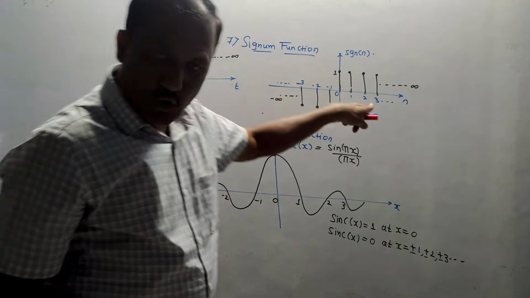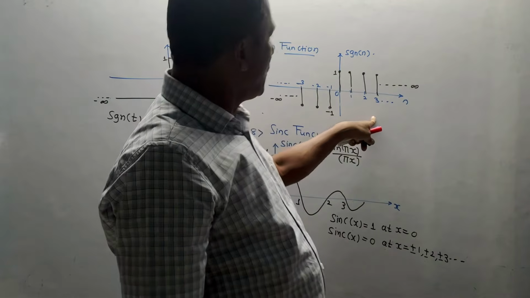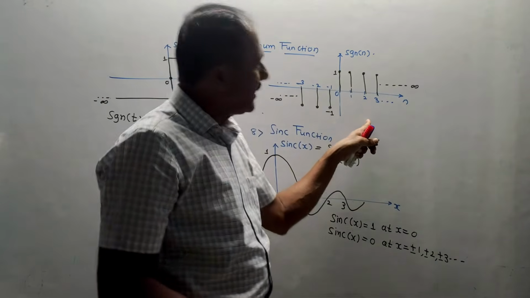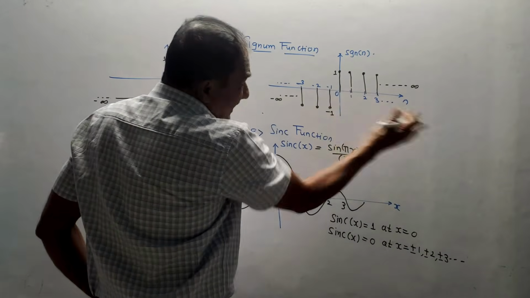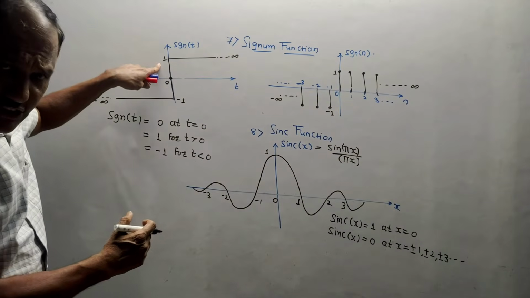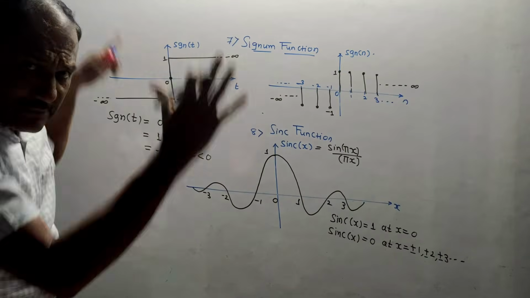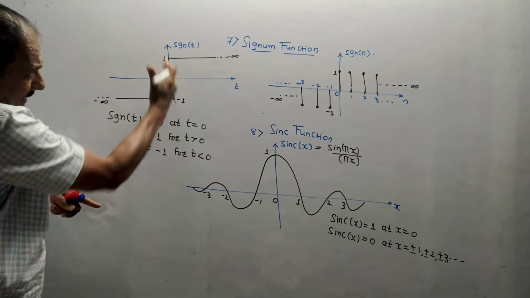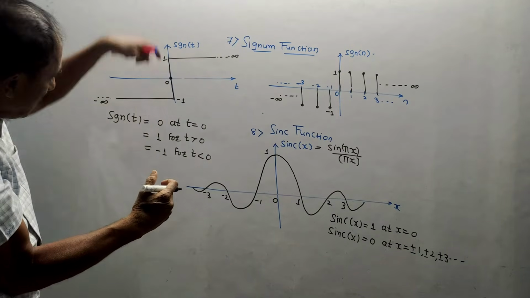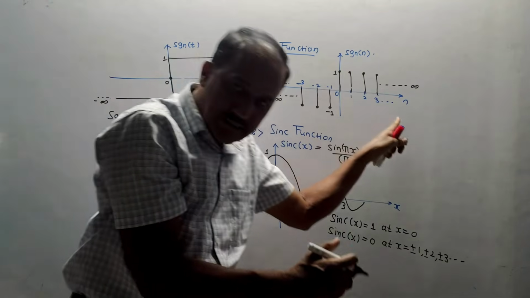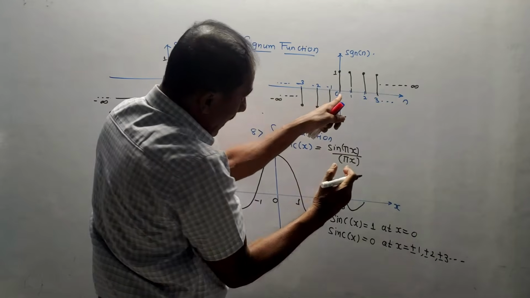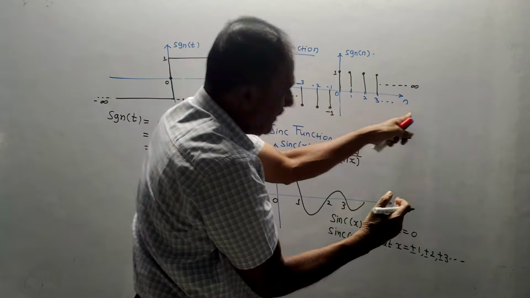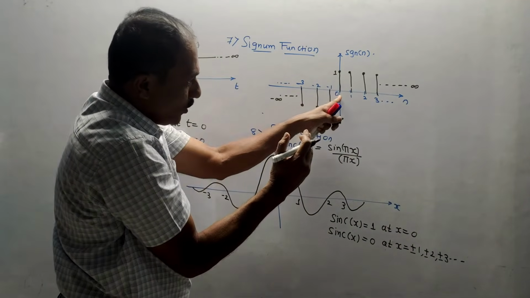The same diagram I have drawn in the form of pulses, which we know is known as the discrete signal. So the notation is Sgn of n. There is a slight difference. Here at t equals 0, since the diagram is continuous, I have shown the same line, +1 and -1, at t equals 0. It is a discrete diagram, so its amplitude is 1 at 0 also, till infinity, but it is -1 not at 0.